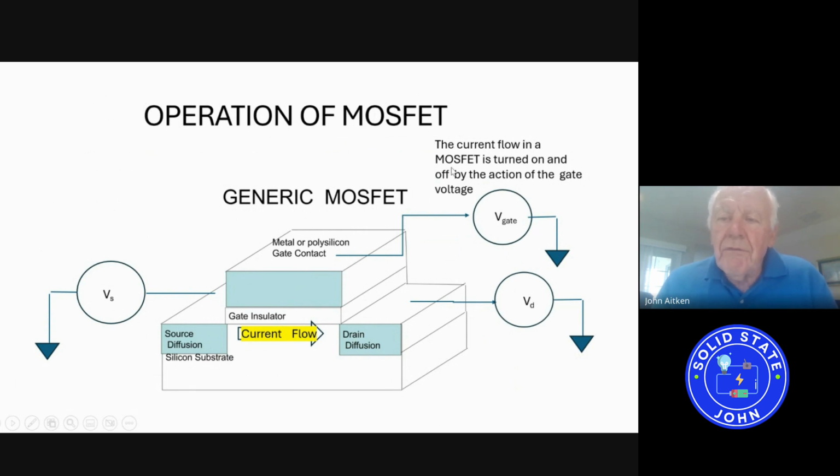But the current flow in a MOSFET is turned off and on by the action of the gate voltage here on the silicon area underneath the gate. Voltages are applied to a source and a drain, and those voltages tend to make the current flow when the device is turned on between them.